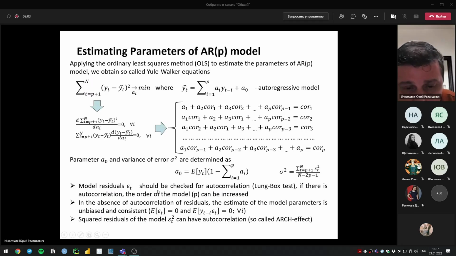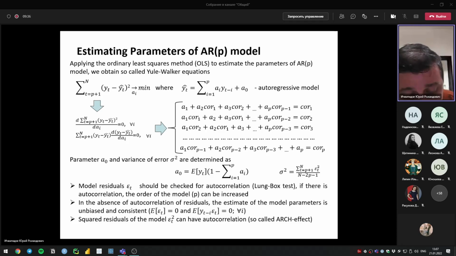So, important for forecasting is the property that autocorrelation of residuals should be absent. To check the absence of autocorrelation, we should use the Ljung-Box test, while in the number of degrees of freedom, we must reduce the critical value of chi squared by the number of parameters of the autoregressive model.